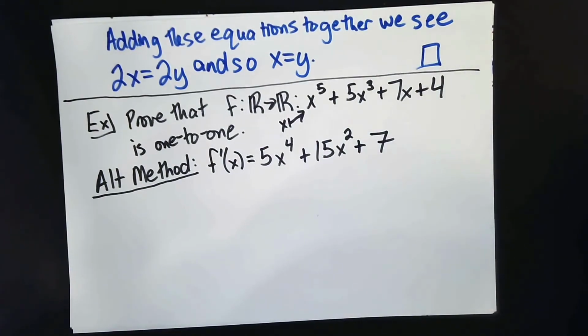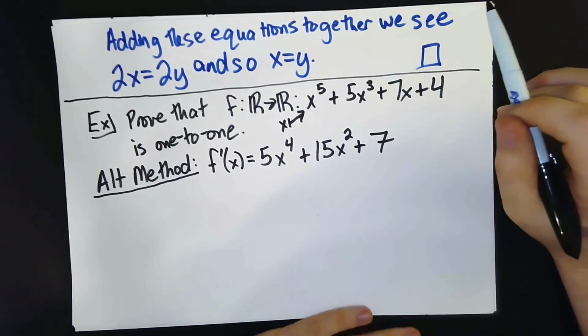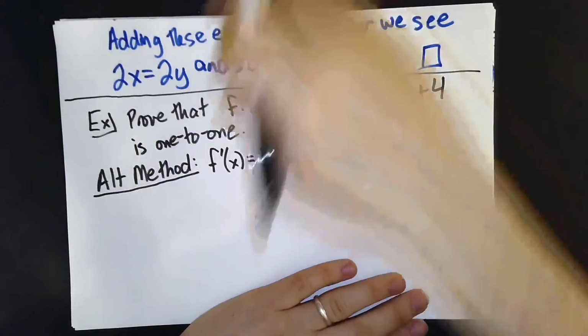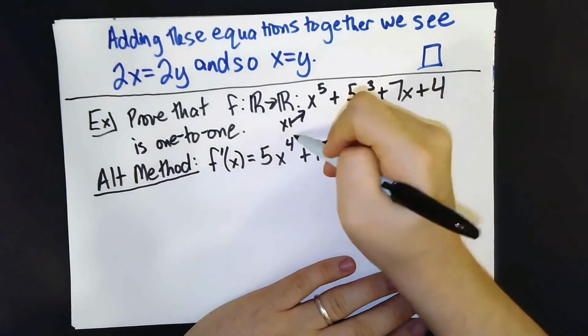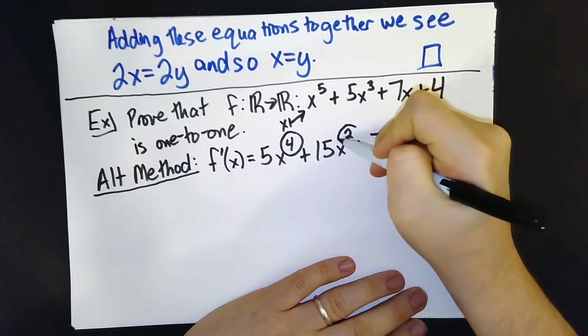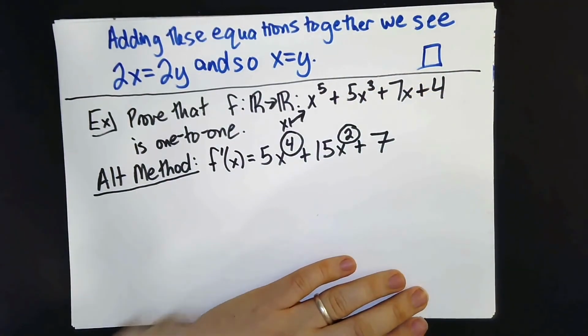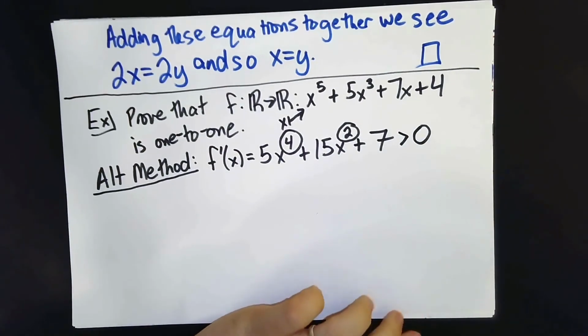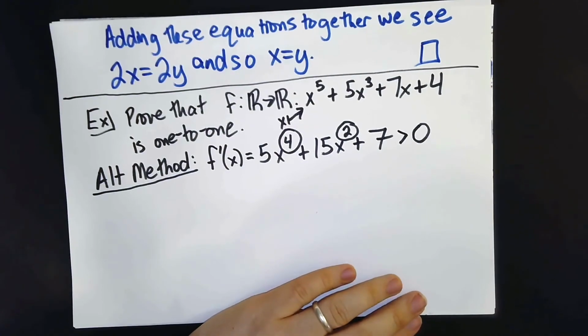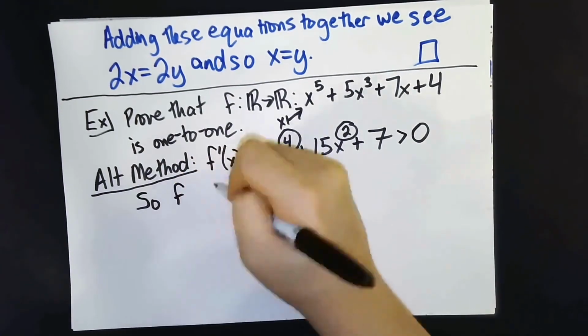And that doesn't look a whole lot better than f itself, but actually if you squint, one thing about this derivative might jump out at you. And that's that there are only even exponents and positive coefficients. So in fact, this is strictly greater than 0 at all places. And what do we know about a function whose derivative is positive everywhere? Well, a function whose derivative is positive everywhere is everywhere increasing.